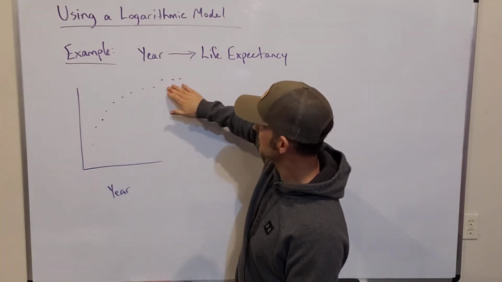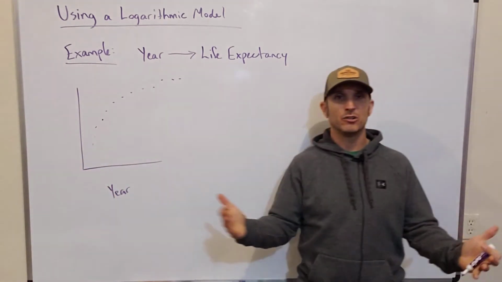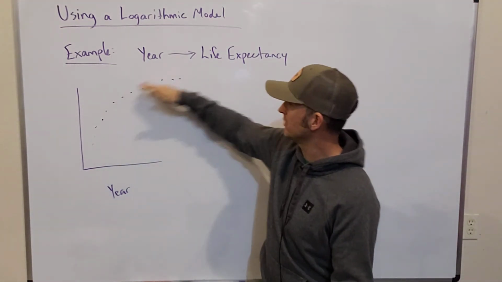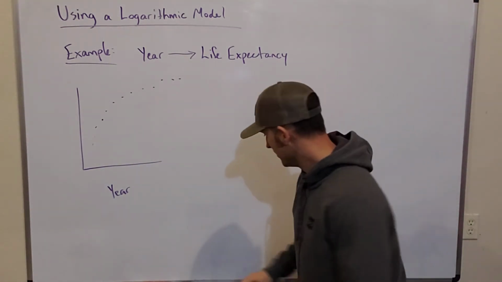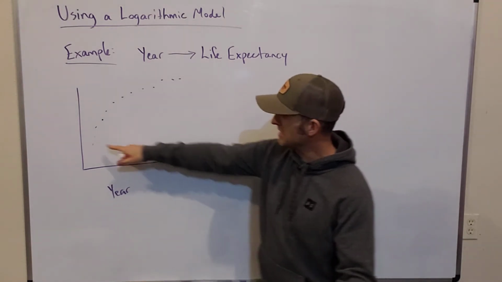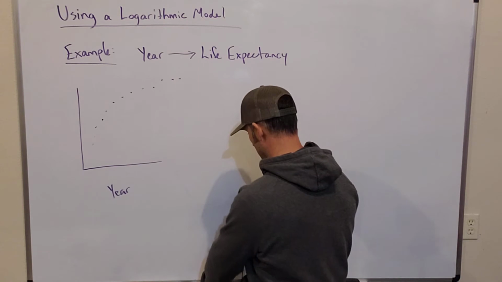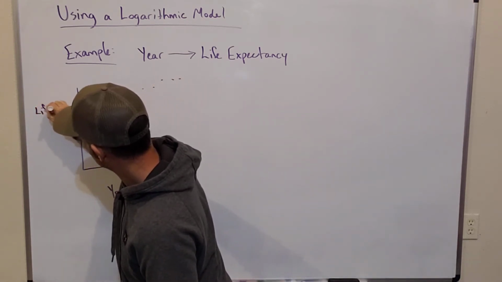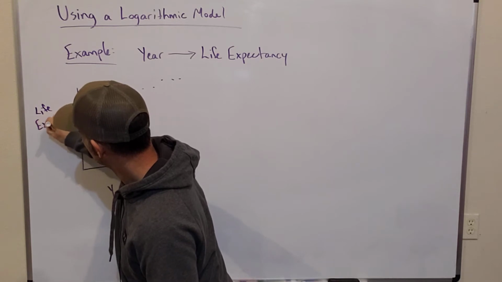However, it's not going to grow rapidly after a certain time because humans can only live so long. So it's going to start to flatten out, okay? So now that we've seen a scatter plot, we could use mathematics based on this particular data in this picture. Sorry, I forgot to list life expectancy on my y-axis, okay?